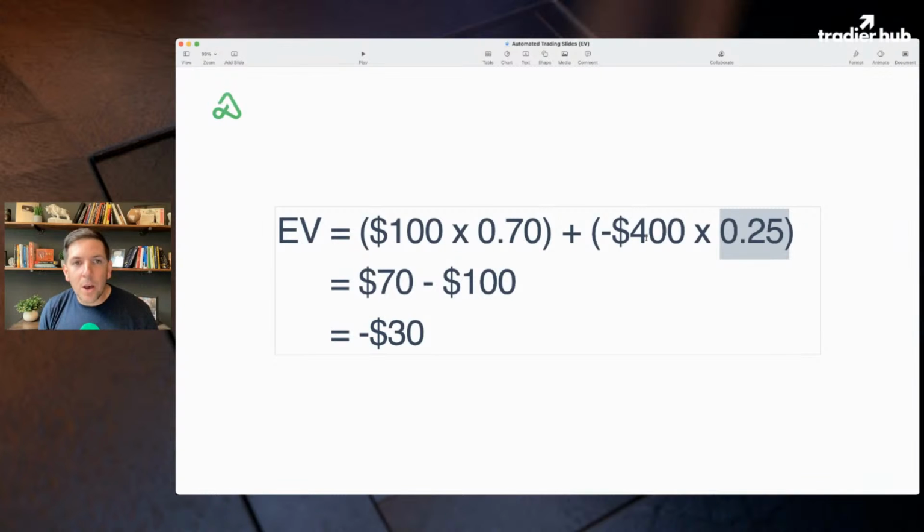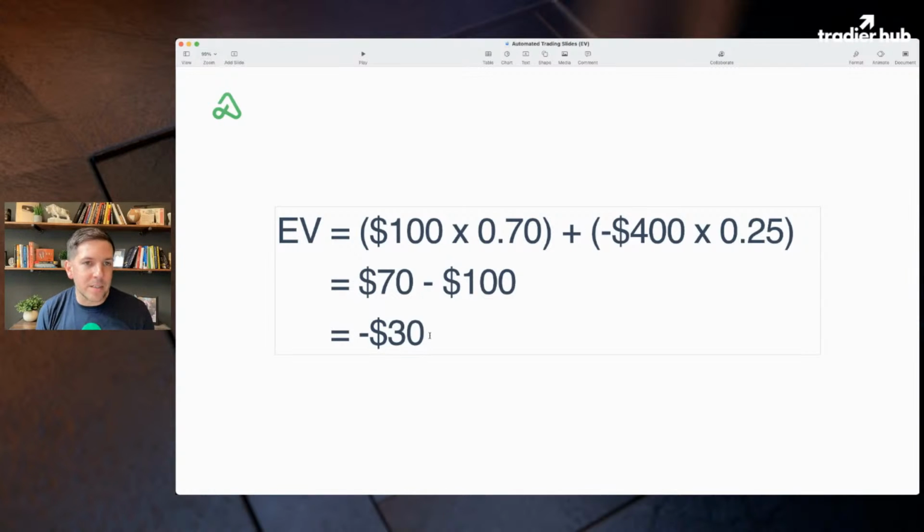So even though this trade on its face is a high probability trade, selling options out of the money, all the good things that you love about options trading, when you actually do the math and you see where it ends up, you can see that this trade does not have a positive expected outcome.